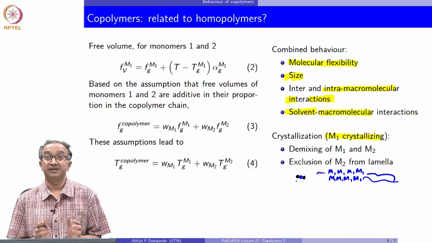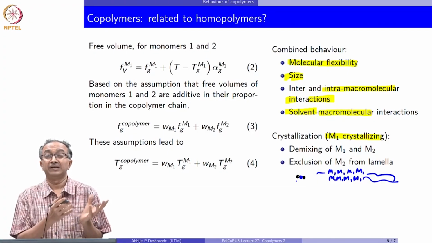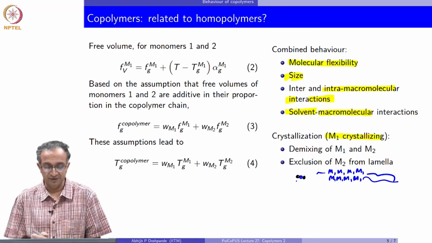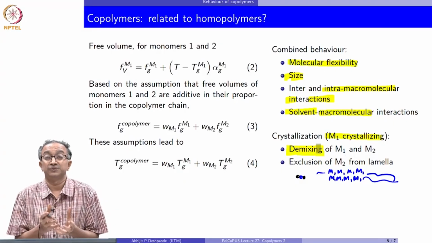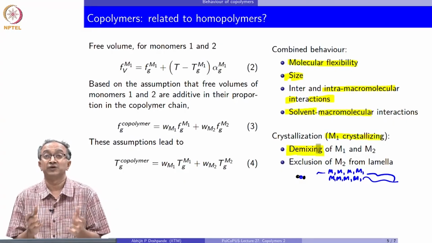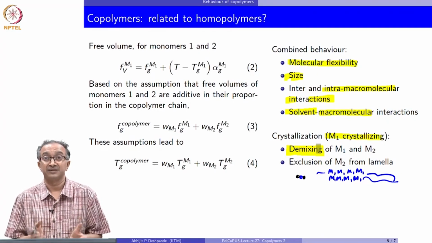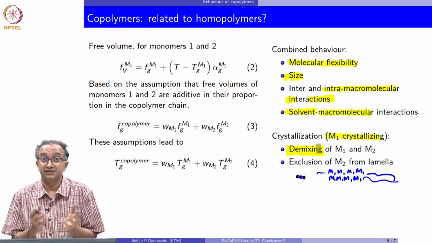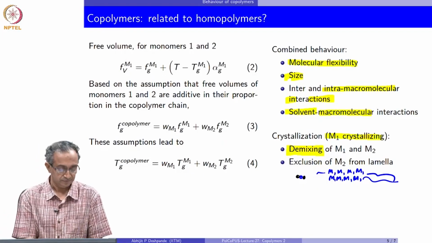So, effectively if we have a copolymer of M1 and M2, while it is being cooled from the melt state, what needs to happen is demixing. First, parts of M1 and M2 need to separate out from each other, and then M1 can have a chance of formation of lamella and crystallization. So, the impact of copolymerization on crystallinity is quite complex, and it depends on specific systems.